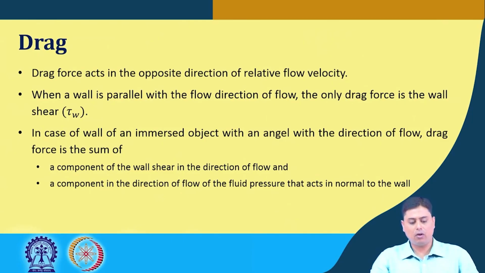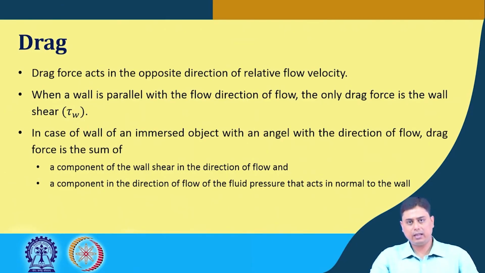Now in case of a wall that is immersed on an object at an angle with the direction of flow, then the drag force is the sum of two components. One arises from the wall shear in the direction of the flow, and the other is from the fluid pressure that acts normal to the wall.